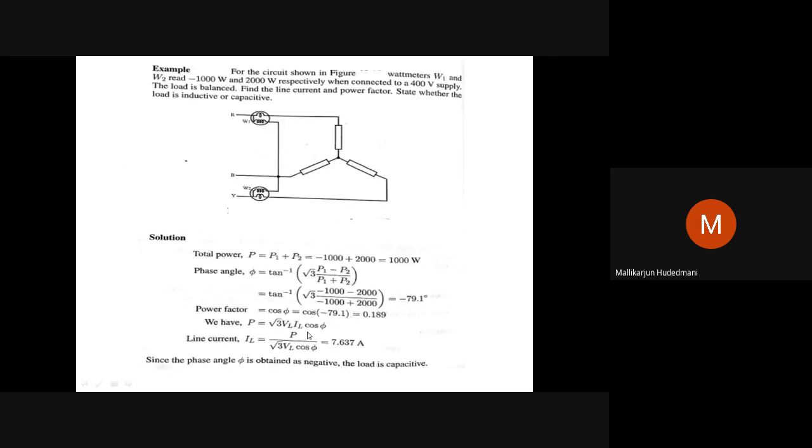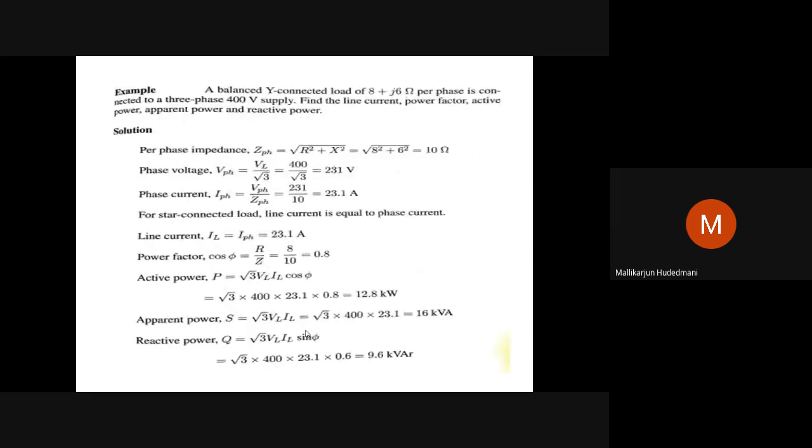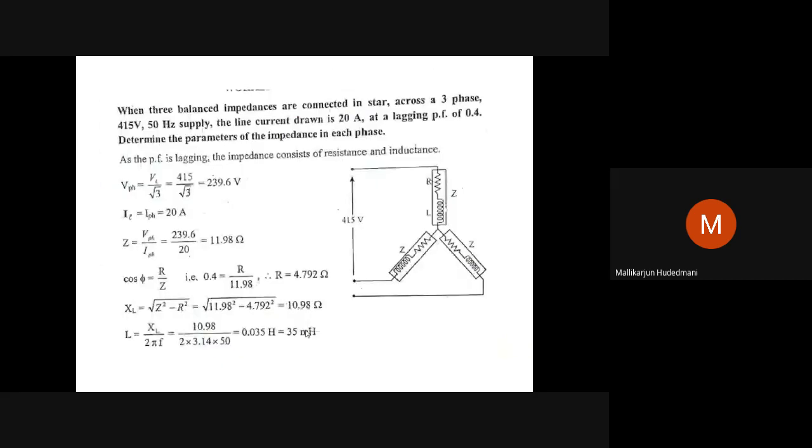Then I'll take you back to one more problem which we have not seen in the earlier discussion. This problem we began: suppose I have three impedances connected in either star or delta like this. I read this: when three balanced impedances are connected in star across a three-phase 450 volt 50 Hz supply, the line current drawn is 20 ampere.